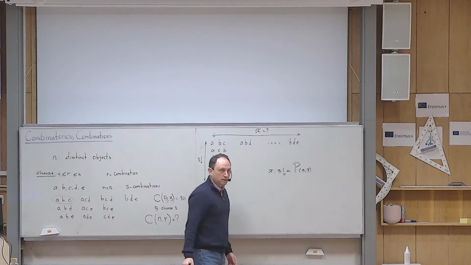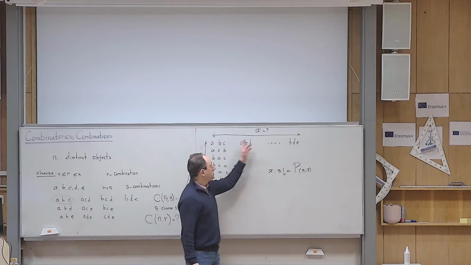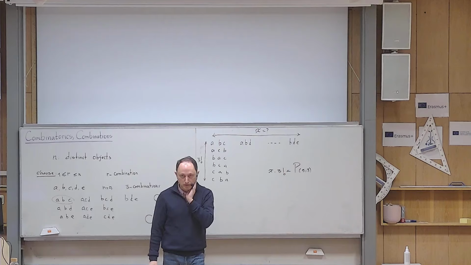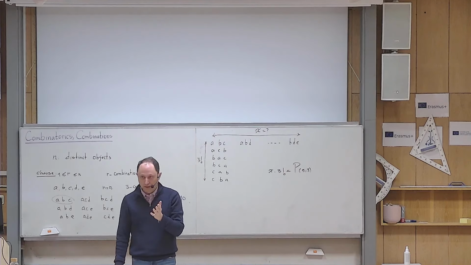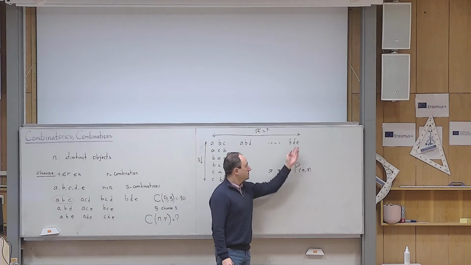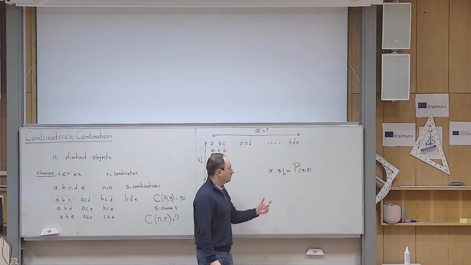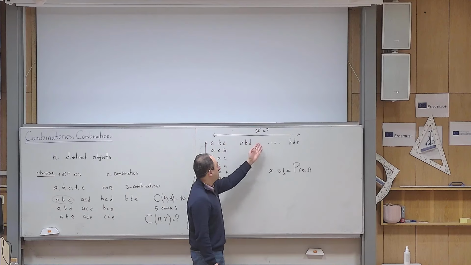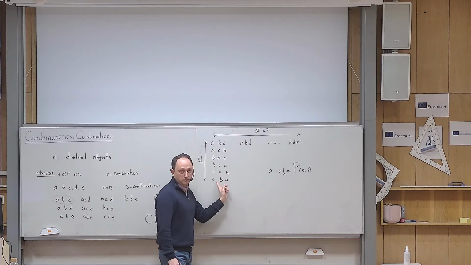Yes, is that right? Because if I ask you what you see in the table in its totality, you will tell me I see all 3 permutations of 5 distinct objects. So on the one hand, based on what we learned before, the number of items in this rectangular table should be this. And on the other hand, it should be the number of columns multiplied by the depth of each column.